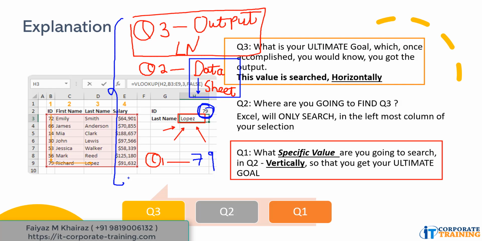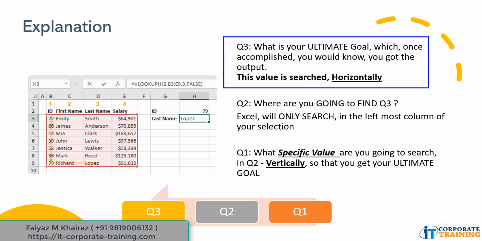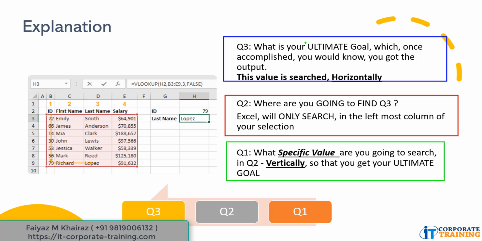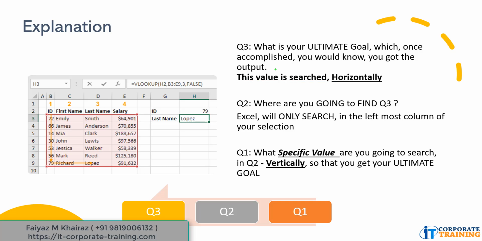However, if you want to think, I would recommend going first Q3, then Q2, and then Q1. Once again, Q3 is my ultimate goal. Q2 is where I will find my ultimate goal, and Q1 is what I need to search in Q2 so that I get my Q3. I hope this explanation helps. Now, let's move to the next slide.